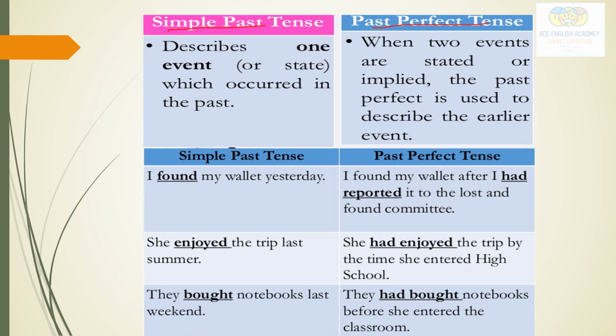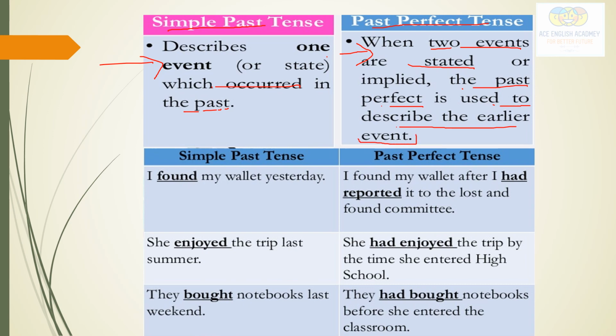In simple past tense we describe one event which occurred in the past. And in the past perfect tense, when we discuss or describe two events, we use the past perfect to describe the earlier event.